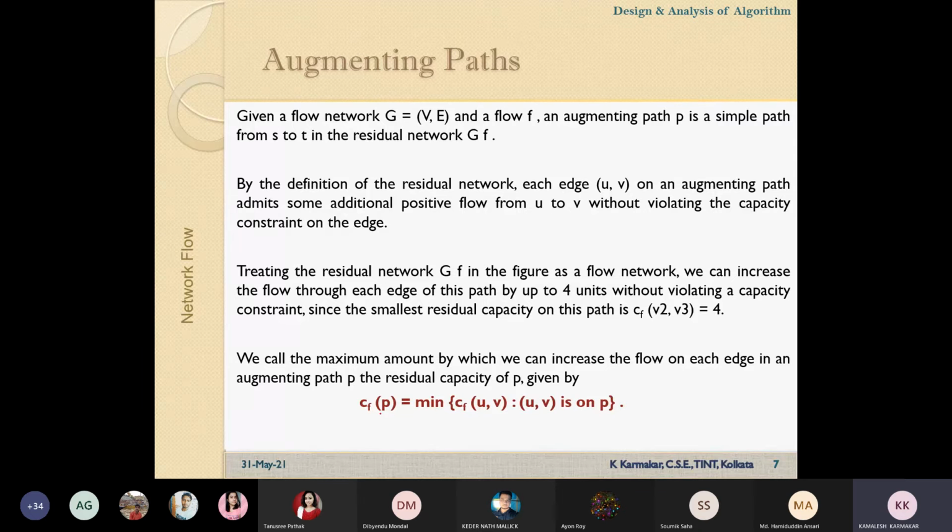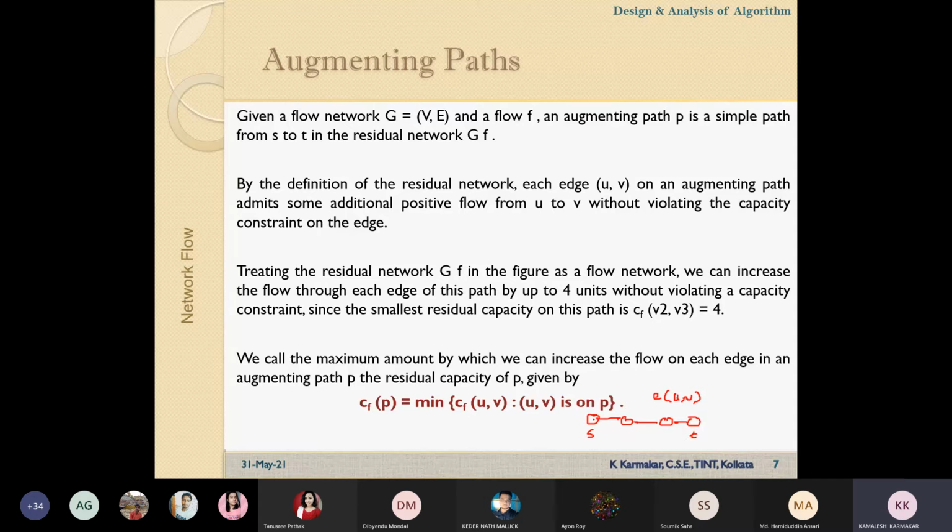The maximum flow through this path will be the minimum value of the edges belonging to this path. We have already discussed it earlier. So if a graph is given which has multiple paths, and this is a path from source to sink, then the edges can be represented as an edge UV.